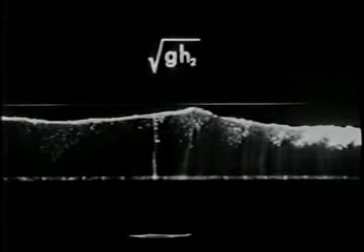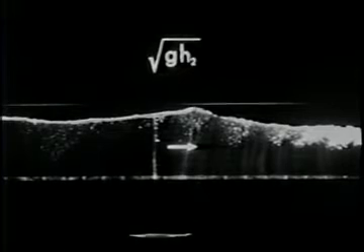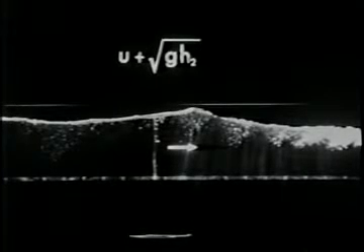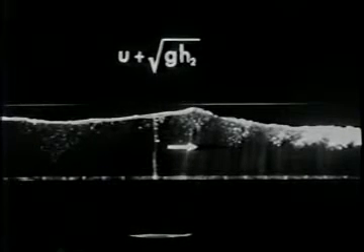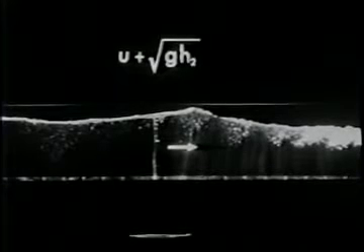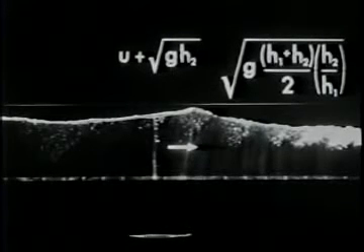Small amplitude waves behind the surge move relative to the fluid at a speed square root of gh2. However, behind the surge wave, the fluid is moving. There is a drift speed of the fluid u. And the drift speed plus the local wave speed is always greater than the speed of the surge wave.